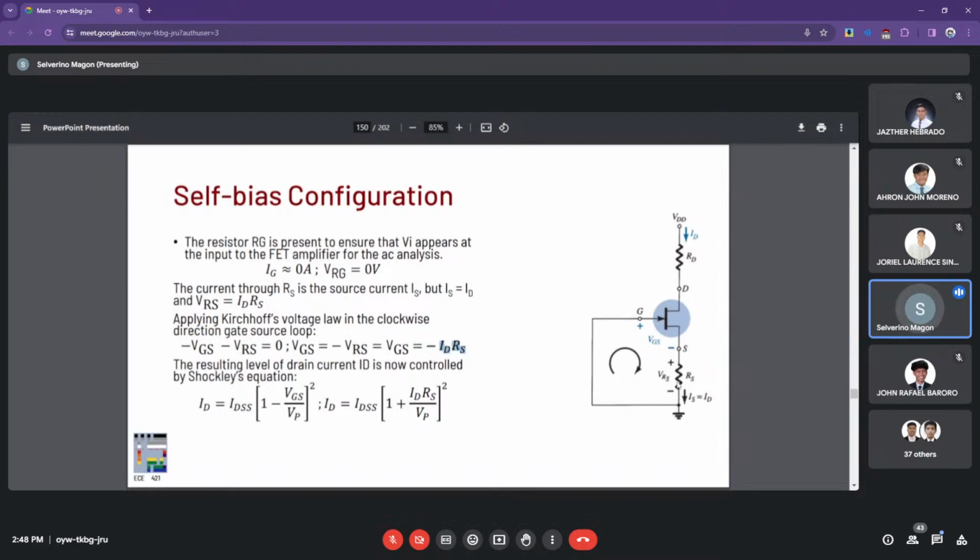In KVL, the voltage drop here matches the voltage drop here. So we plug in this expression in the original equation. So this becomes a plus value. Take note of that when you're doing your calculations. What we can see here is that IDSS is provided by the data sheet, as well as your pinch-off voltage.